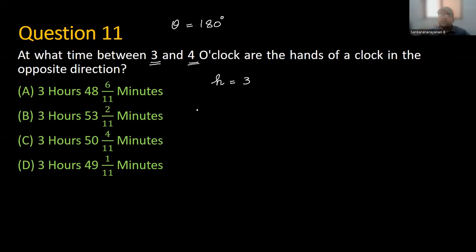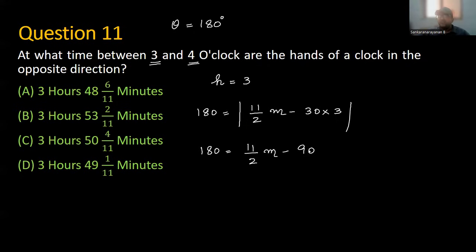So we can go by the formula here: 180 is equal to |11 by 2m minus 30 into 3|. This is how the calculation has to be made. So we can consider opening that modulus: 180 is equal to 11 by 2 times m minus 30 into 3, which is coming as 90.